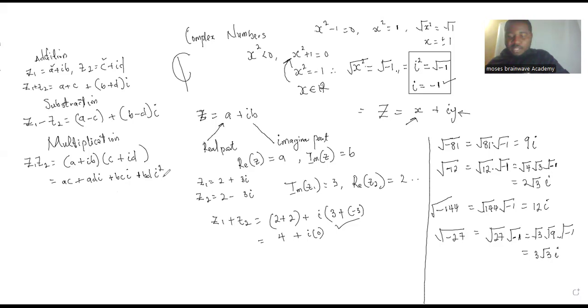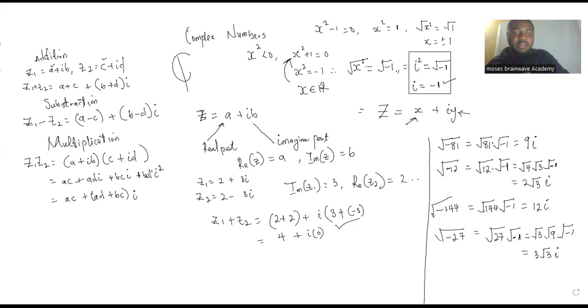I squared. Good. So what is i squared? Can you remember? I squared is -1. So here, let's add the terms together. We have ac plus, over here, ad plus bc. Now these are imaginary.